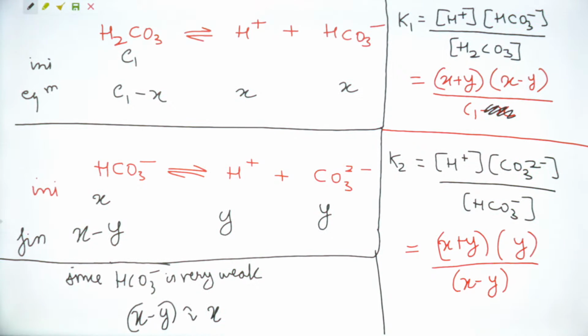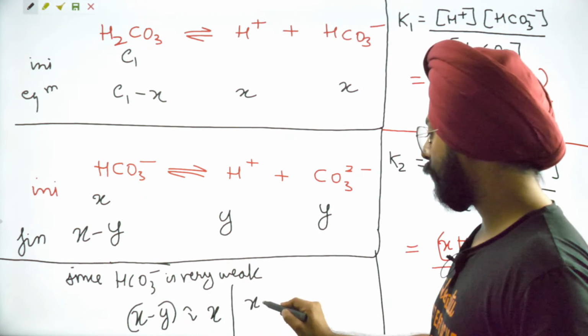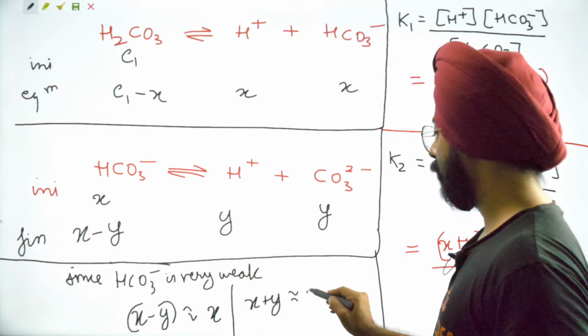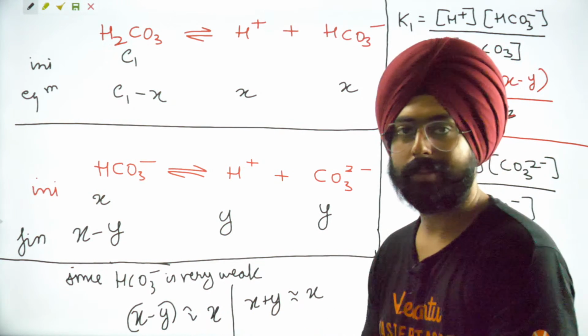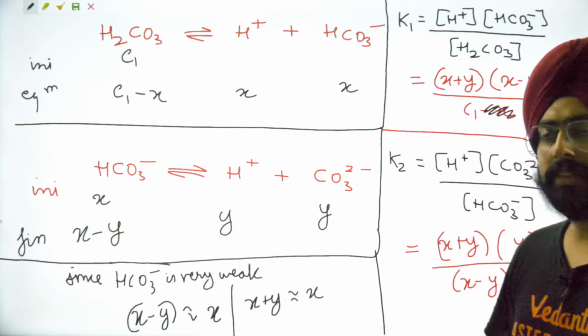X minus Y is as good as X. If X minus Y is as good as X, I can also say X plus Y is as good as X. Why not both ways? है ना जी? If X minus Y is as good as X, X plus Y is also as good as X.